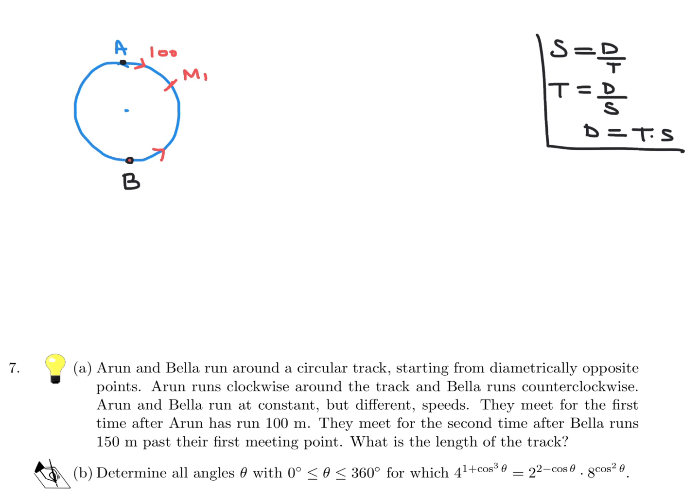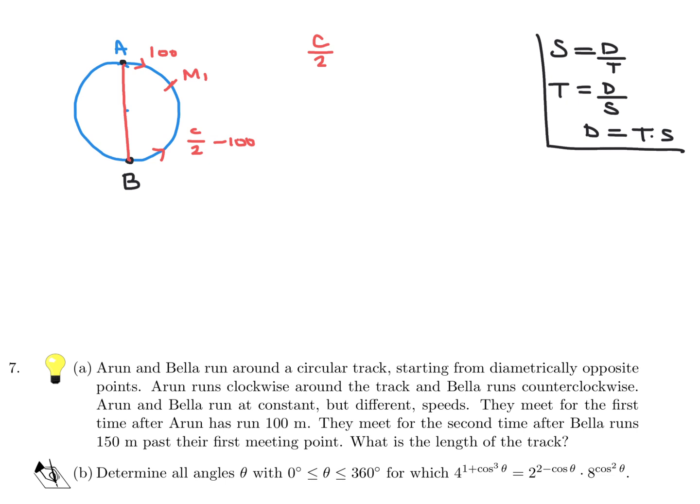But since they're diametrically opposite, half would be the circumference of the circle divided by 2. So she goes the circumference divided by 2 minus that 100. Because if you add it to the 100 that Arun traveled, it would be half of the circle. I'm pretty confident that's the first way of setting it up.